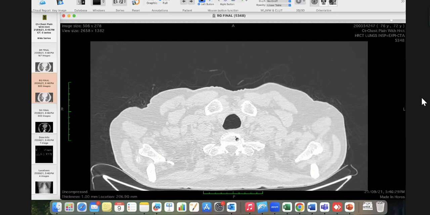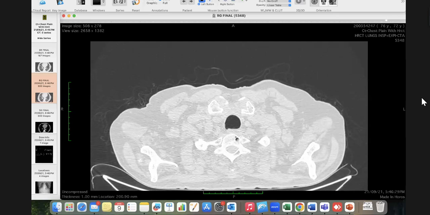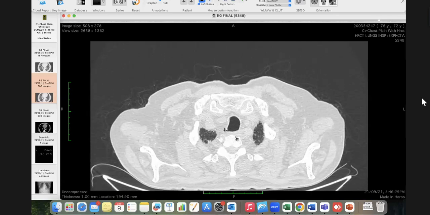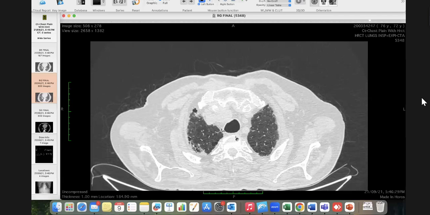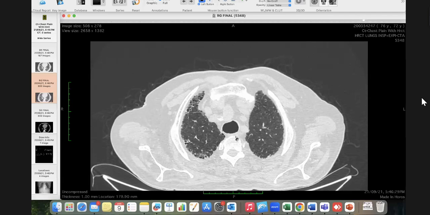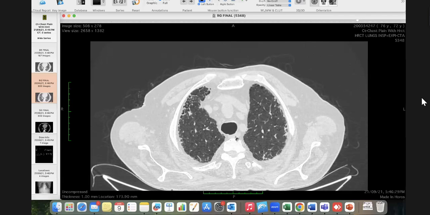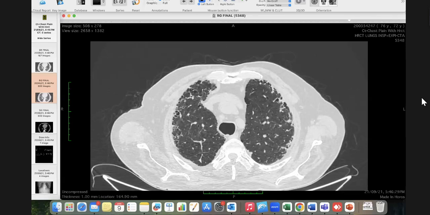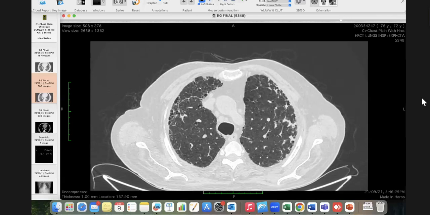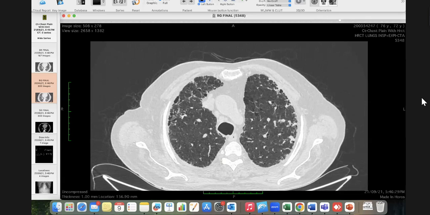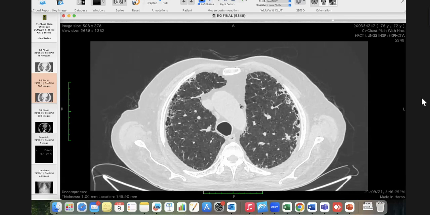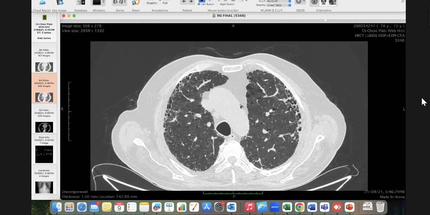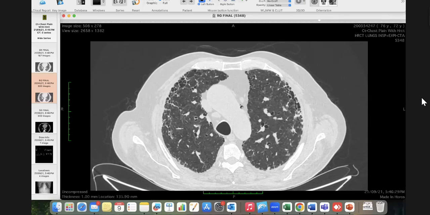As you see, this is a 75-year-old gentleman who came in with shortness of breath, and I am starting from the upper lobes. As I go down, I definitely see there is a lot of reticular opacities. I also spot some traction bronchiectasis like here, and then I suspect, okay, I'm seeing probably honeycombing.